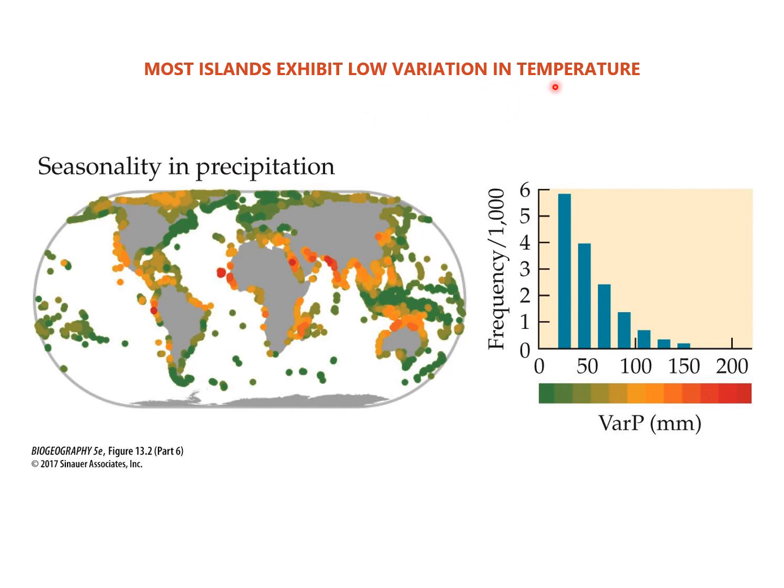I'm sorry. This should say precipitation because that's what we're looking at here. But again, whether you're talking about temperature or precipitation, the variation tends to be pretty low. And that's again due to the moderating influence of oceanic climates. So we can see most islands fall in this category, with low, 0 to 50 millimeters annually. So lower precipitation in total and lower variation in precipitation.